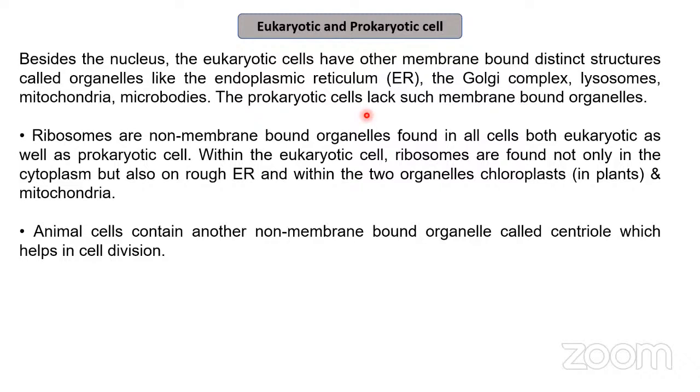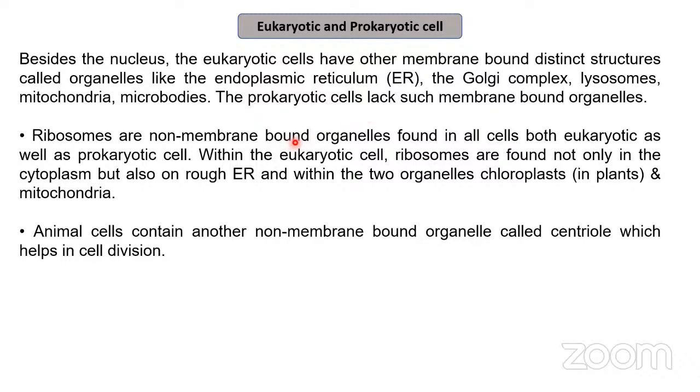So in prokaryotes, besides the nucleus, there is no other membrane-bound organelle, while in eukaryotes there are many membrane-bound organelles like nucleus, Golgi complex, endoplasmic reticulum, lysosomes, mitochondria, and microbodies.